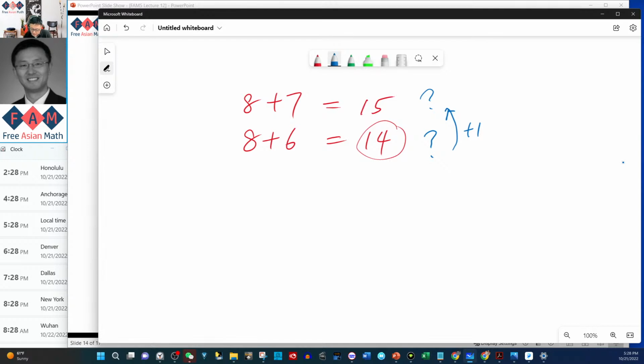Whatever the result there must be this result plus 1. Therefore, if the number being added is decremented, then the result will be correspondingly decremented. 14 is just the decrement of 15, right?